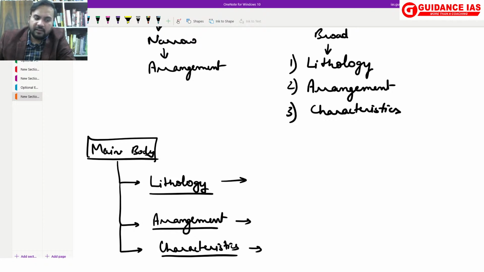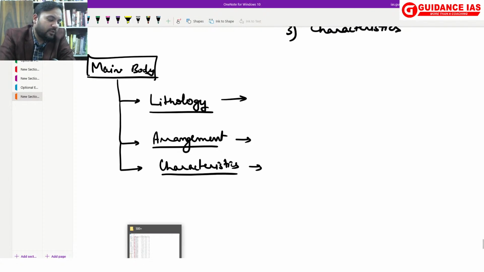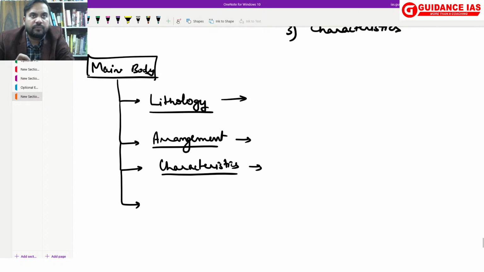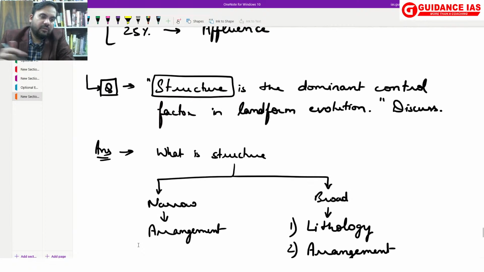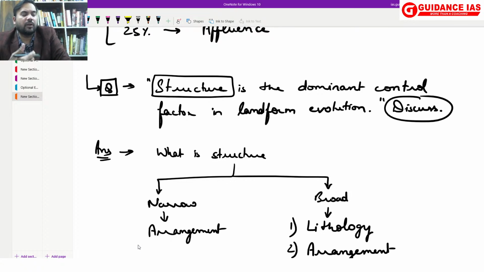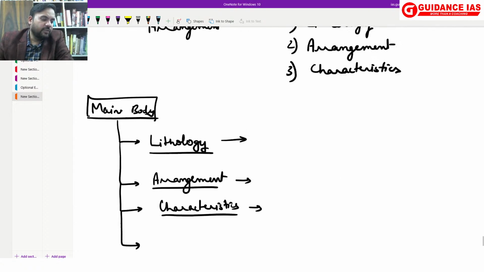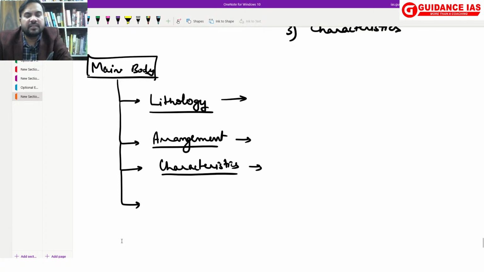And finally, in the last part, because the question is about discussion, it is discuss. So, in discuss we also have to talk about shortcomings. In this statement, the statement is no doubt correct, but you must have read in geomorphology a very famous statement by Davis that landforms are a function of structure, process and time.